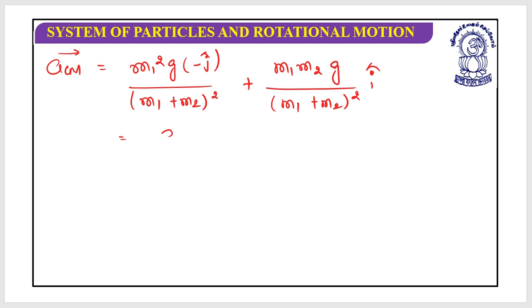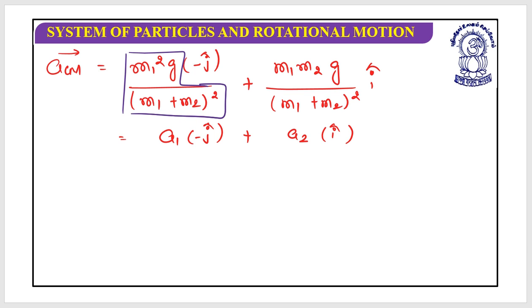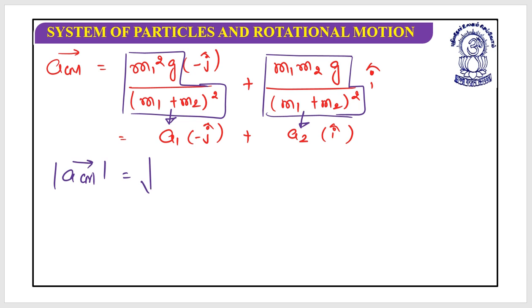Let's write this as a1 minus j cap plus a2 i cap. This all has been replaced by a1 and this all has been replaced by a2. So if I require the magnitude, I can write it as root of a1 square plus a2 square.